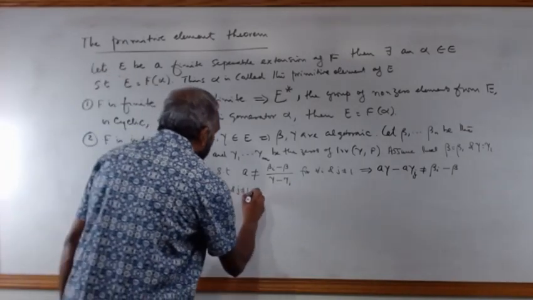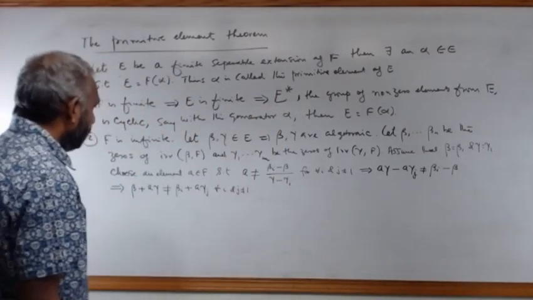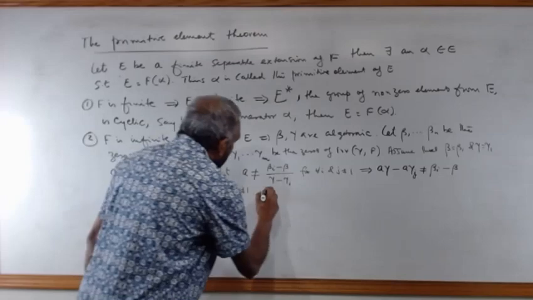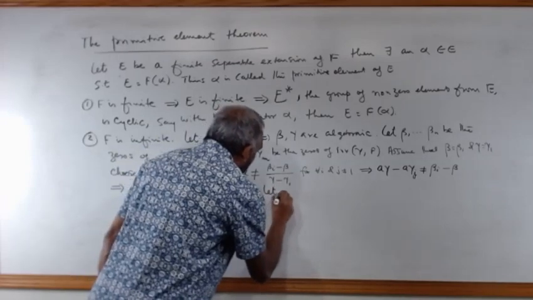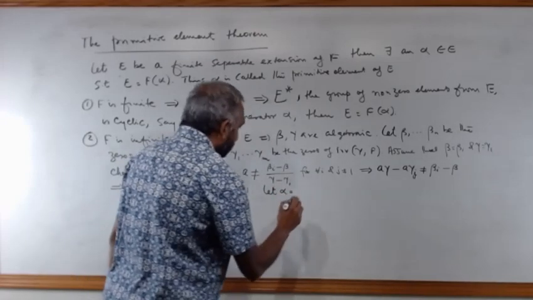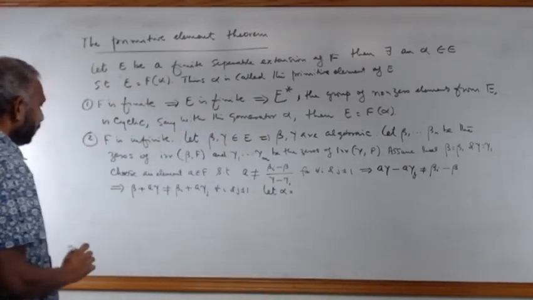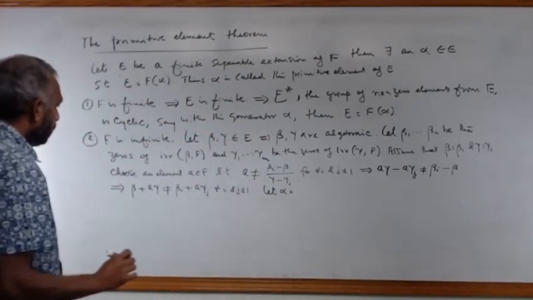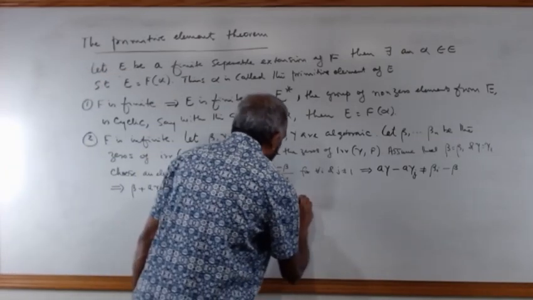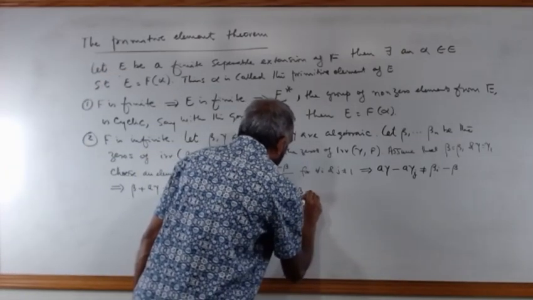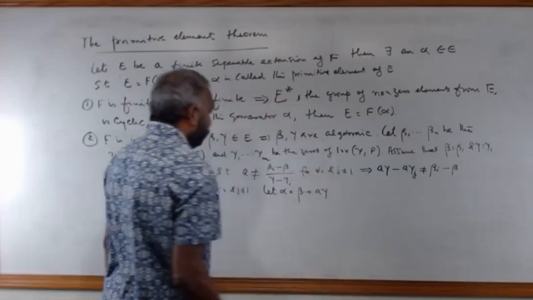Now we are going to construct that element alpha. Let alpha is equal to beta plus A gamma.